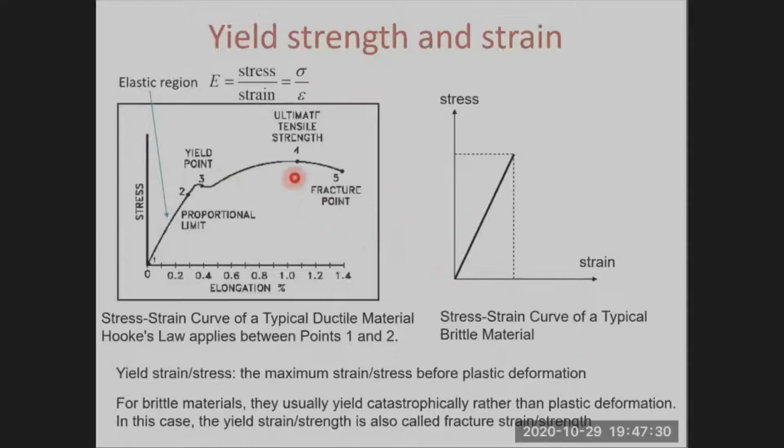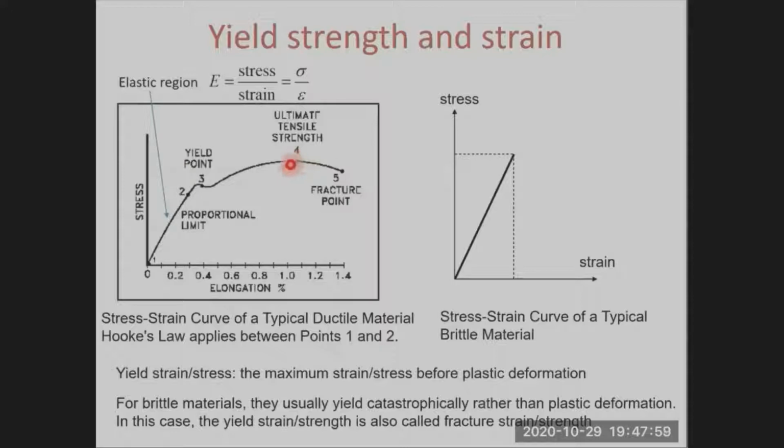And point 4 is the point of ultimate tensile strength. If we consider the vertical axis of this point, it gives us the maximum tensile strength of the material. We can draw a horizontal line from this point to find the maximum tensile strength.